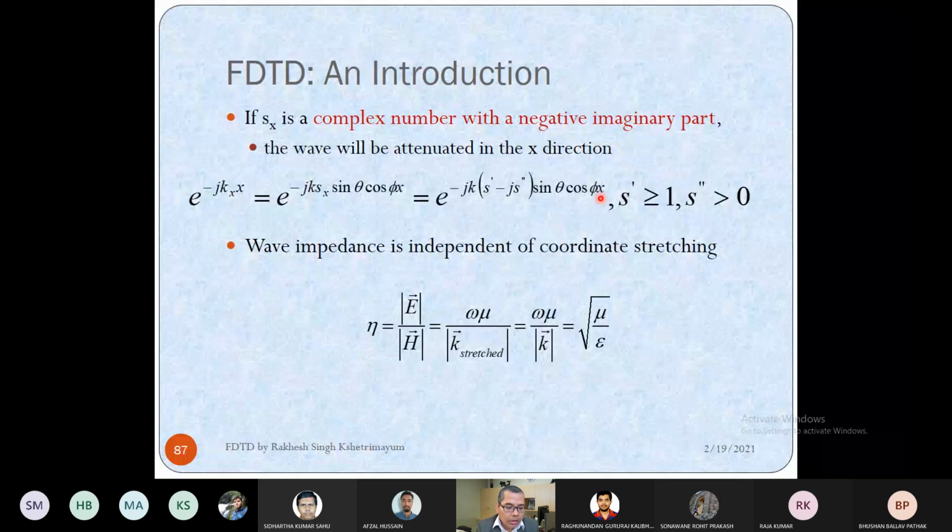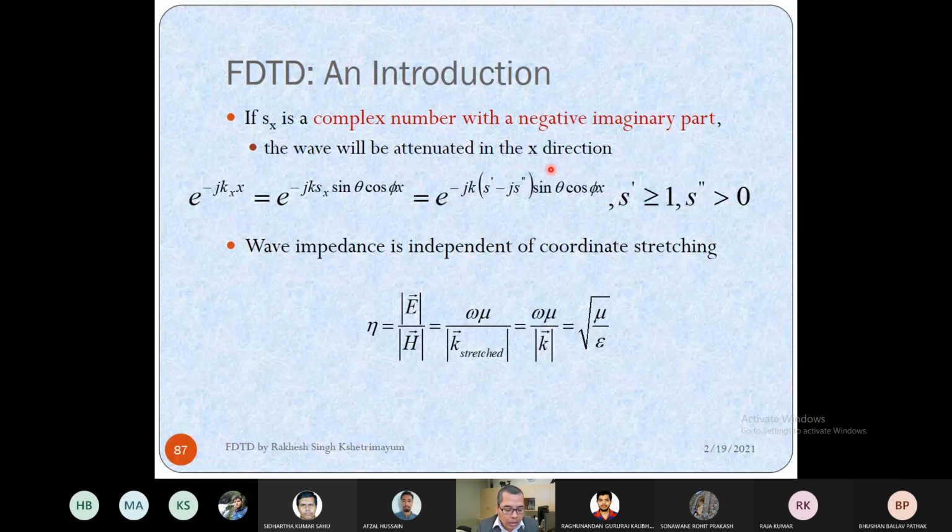The first term will give you the phase propagation, but the second term, when you multiply minus j and minus j, becomes minus S double dash sine theta cos phi x. So it is a wave attenuating along the x-axis. We have a highly attenuating wave along the x-axis. So I can attenuate the wave along the x-axis. This is another point we need to note down.